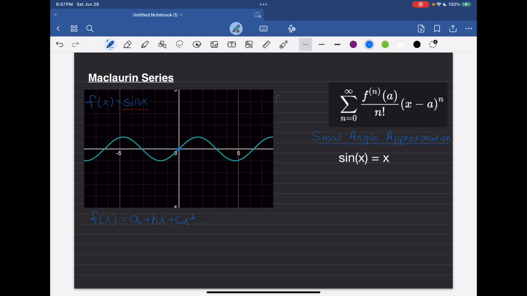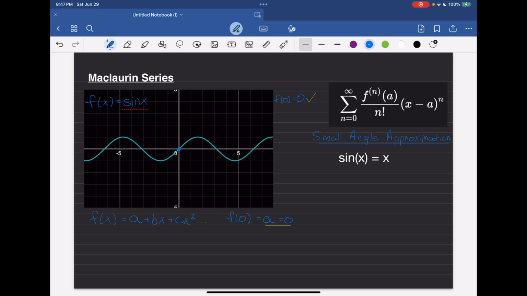So, since we know f of 0 for sine x is 0, sine of 0, f of 0 must also be 0 for our infinite polynomial. Now, if we plug in 0 for x, all the terms with an x in it cancel, leaving our constant, which is a, which is 0. So we've satisfied one condition to make our function look slightly similar to sine of x.